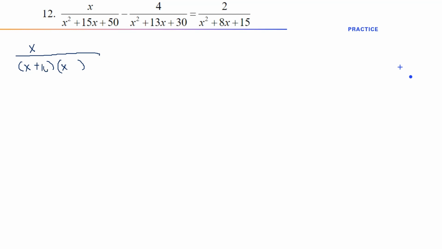So it's positive 10, positive 5, minus 4 over, now 2 numbers multiply equal 30 and add up to 13. So we think about 10 and 3. Two numbers multiply equal 15 and add up to 8. 5 and 3.